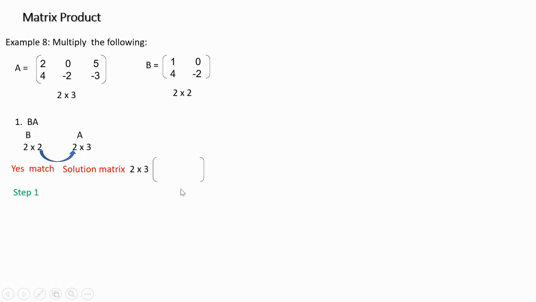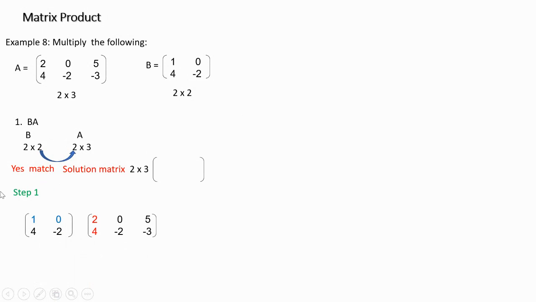So let me show you what we're going to do here. Okay, step 1. We're going to multiply every row on matrix B times every column on matrix A. That's why I color-coded them. I'm going to multiply the blue times the red.